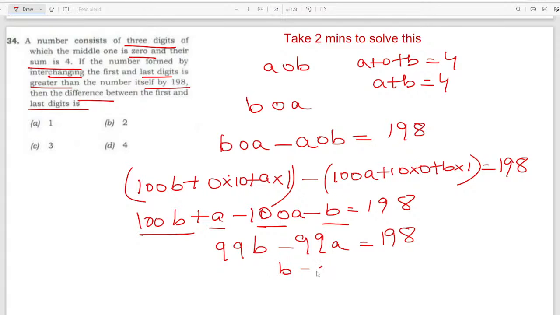B minus A is equal to 198 by 99. This is equal to 2. The difference between these two digits should be 2. So the question they are asking is the difference between the first and the last digit. The difference between these two, A and B, is 2. The correct answer is option B.